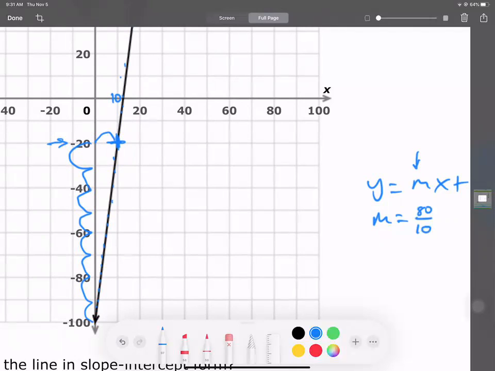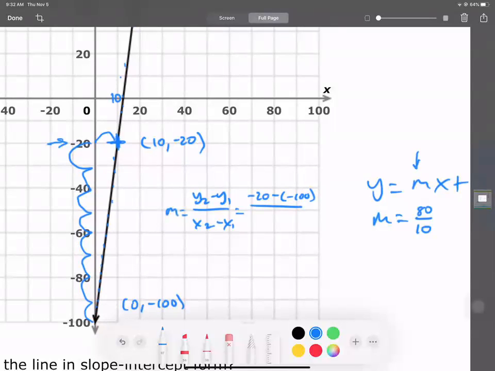If you're not sure about that, we can write out the points. This is 10, comma, negative 20. And down here is 0, comma, negative 100. And if we write the slope formula, y2 minus y1 over x2 minus x1, we could do this too. Negative 20 minus negative 100 over 10 minus 0.